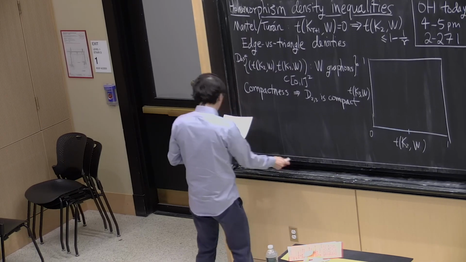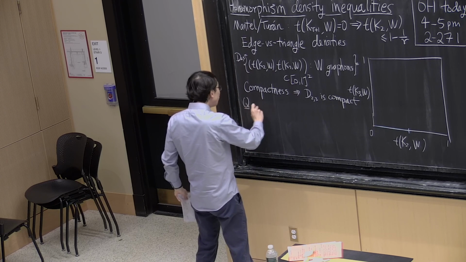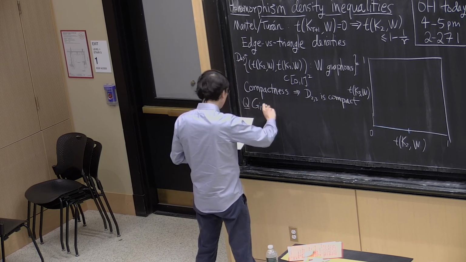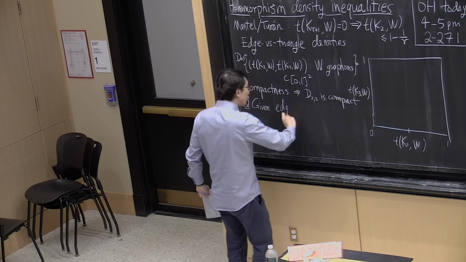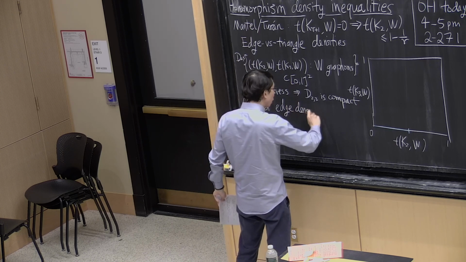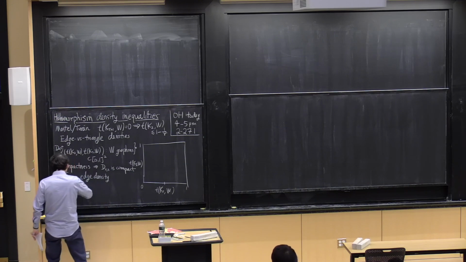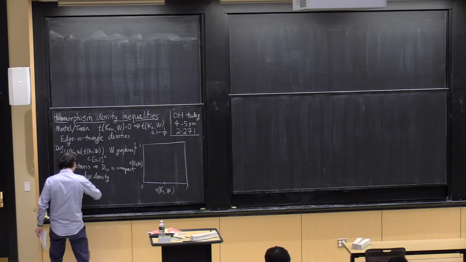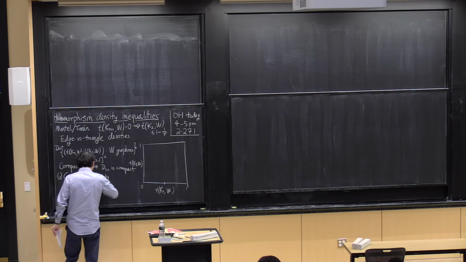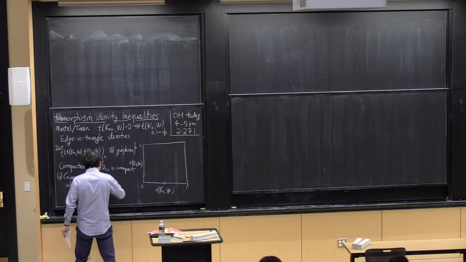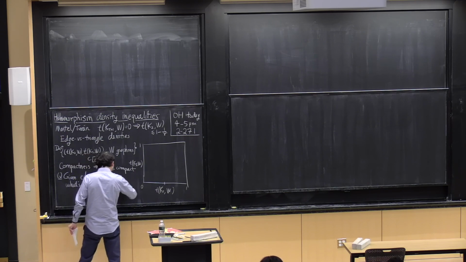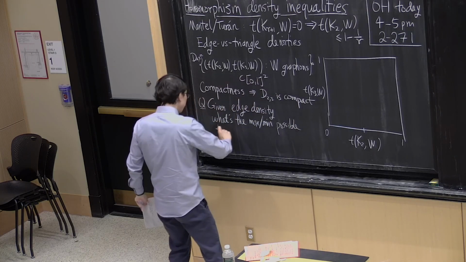Equivalently, we can ask the following question. Suppose I give you the edge density. In other words, look at a particular horizontal place in this picture. What is the maximum and minimum possible triangle densities?